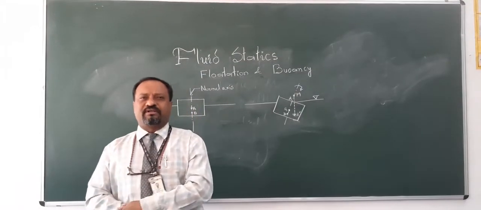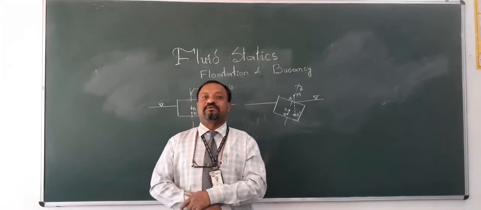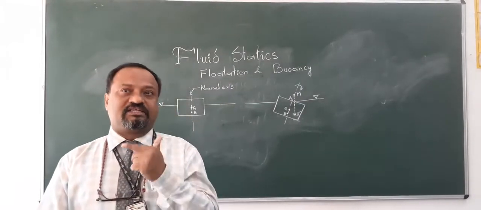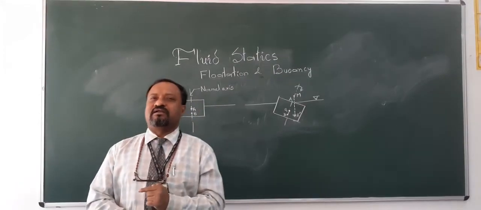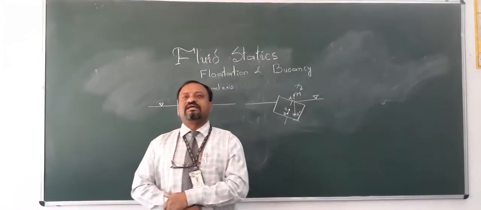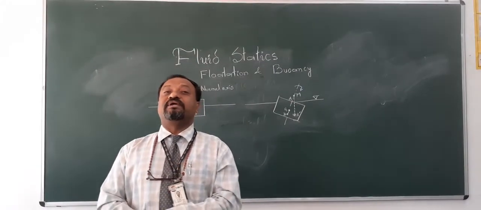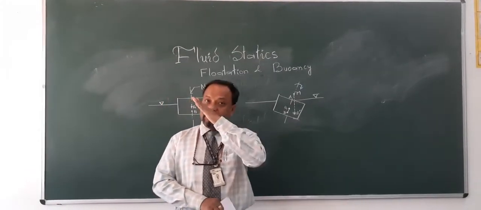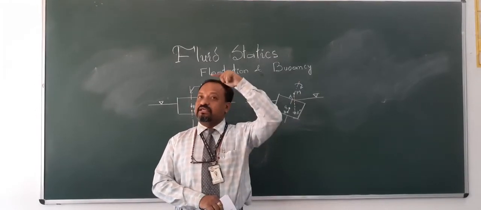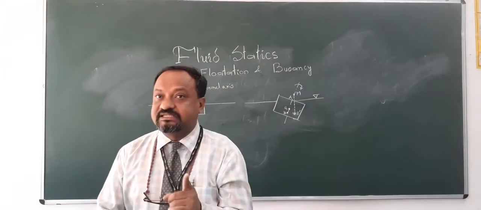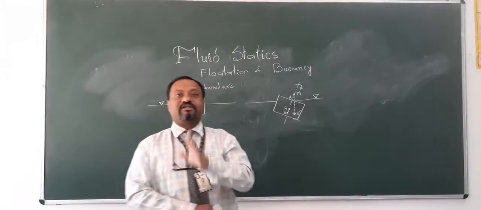With a small difference for an inclined surface, the Cp is I_CG sin squared theta by A x bar plus x bar. Theta is the angle of inclination of the inclined surface, making the angle with the horizontal, not with the vertical. Mind it here, not with the vertical.